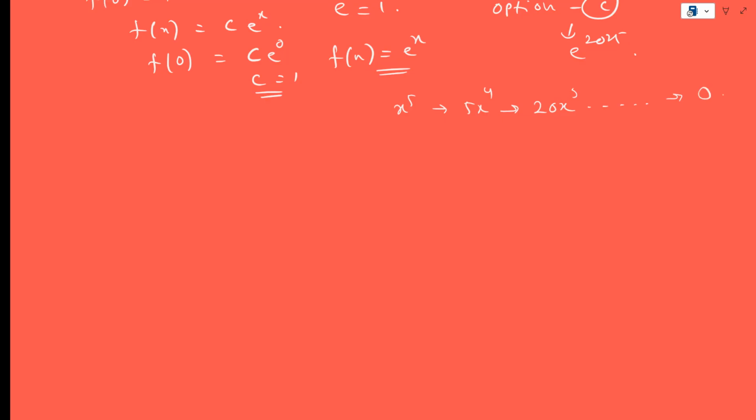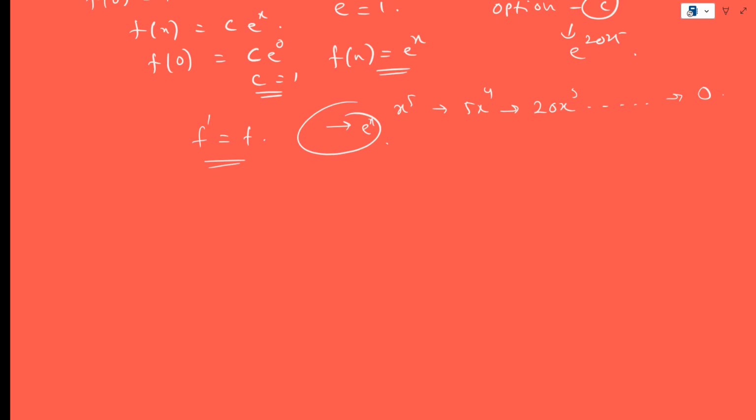But e to the power x says, bro, I can do this all day. Now, in competitive examinations, the examiner wants to see whether you recognize the pattern instantly or not. The moment you see that f' is f, your brain should immediately scream e to the power x. This saves a huge amount of time.